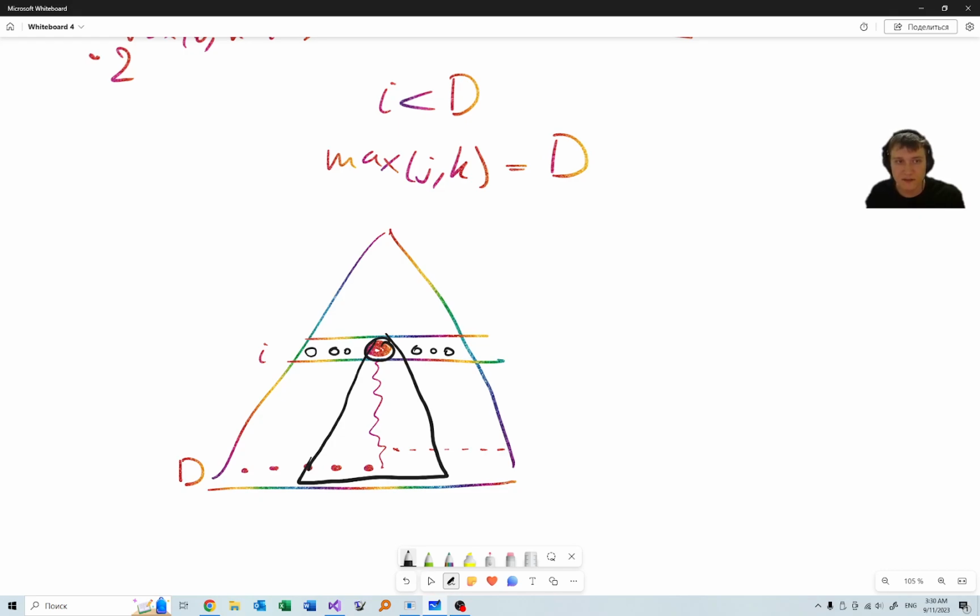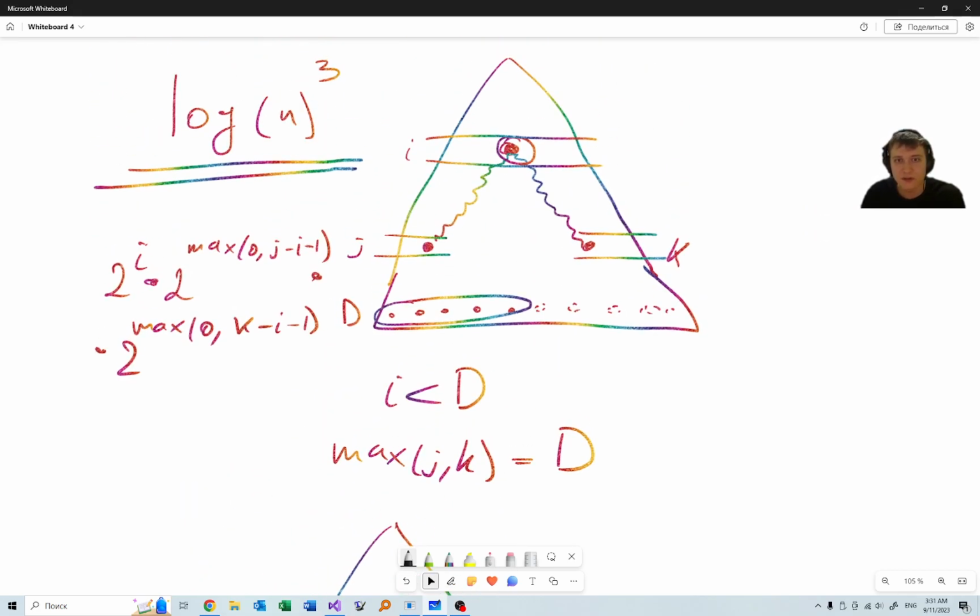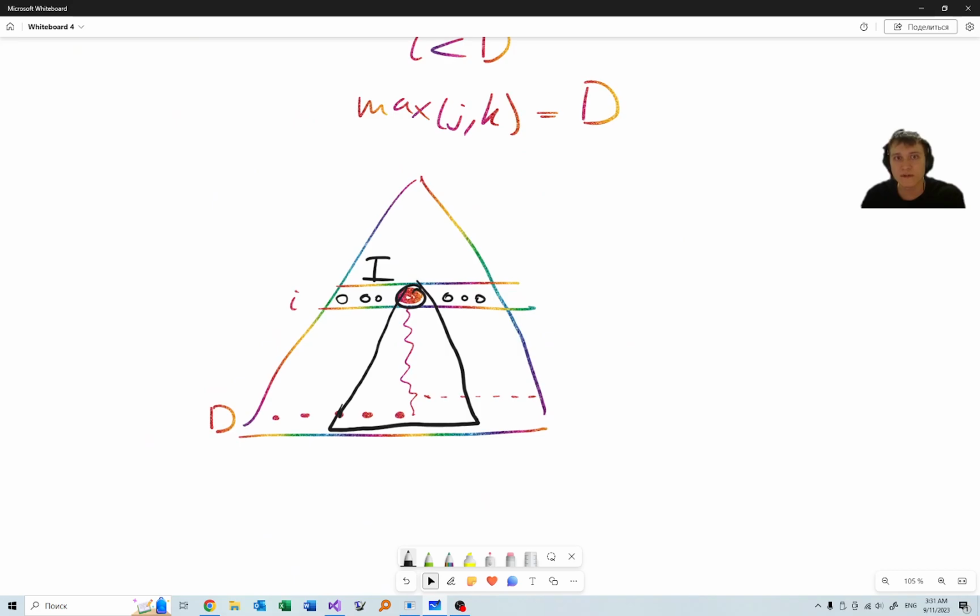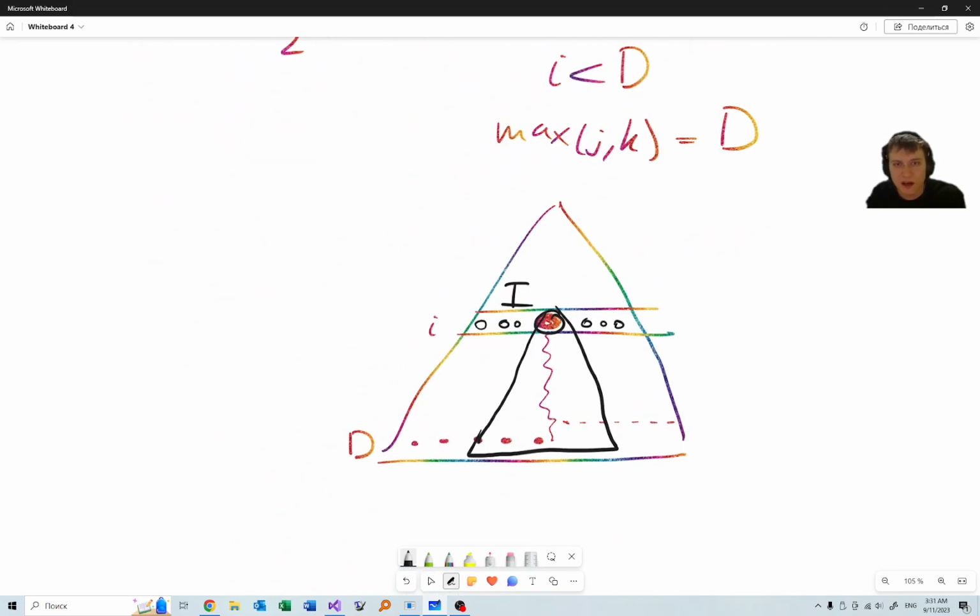The three cases. First case, i is in the left part. If i is in the left part, then actually the answer is totally the same as here, because here you do not have any irregularities. Just let it be the r-th vertex here. So there are r vertices here.